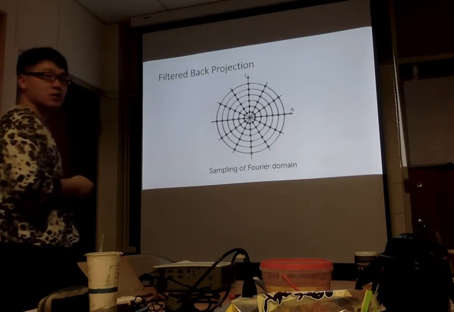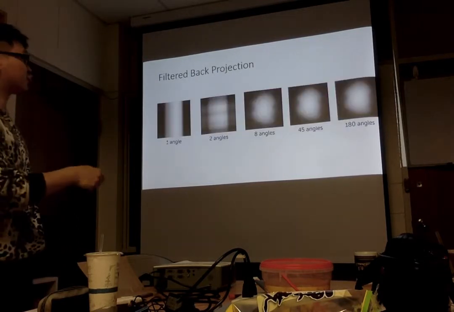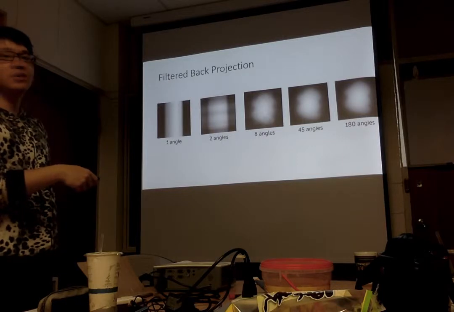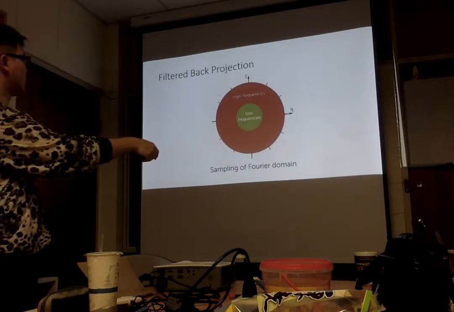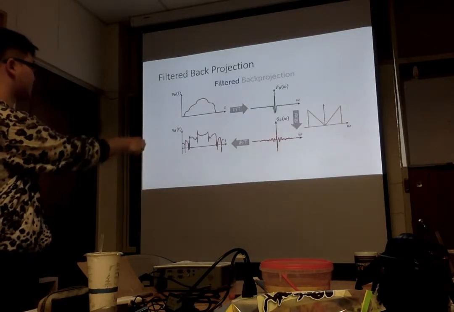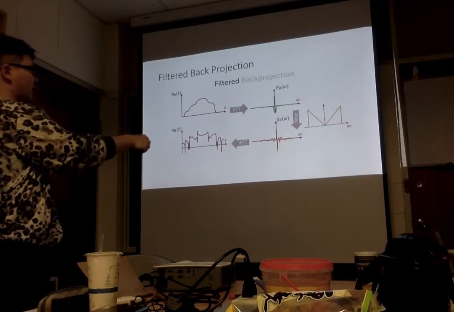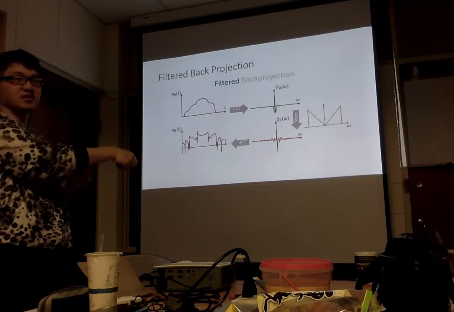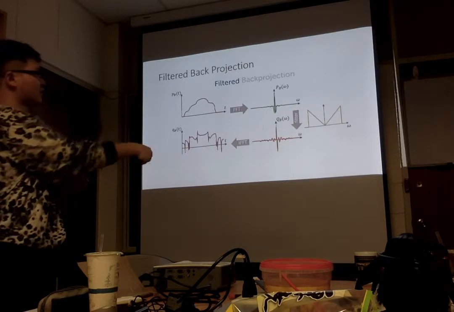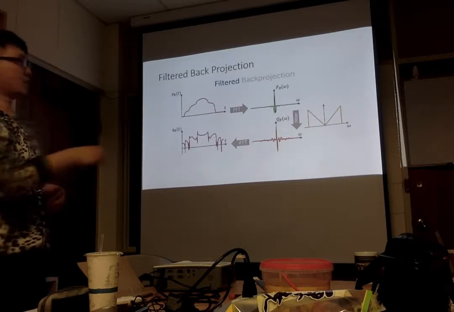So how does the picture come from? How did you get the picture? This picture is from the end of the process, from the inverse Fourier transform of the signal.